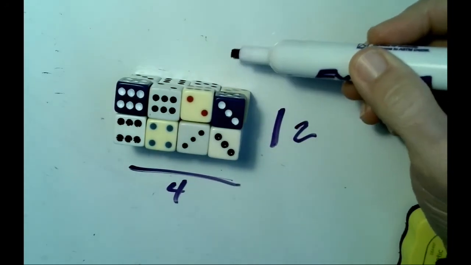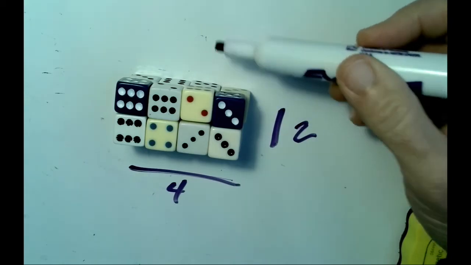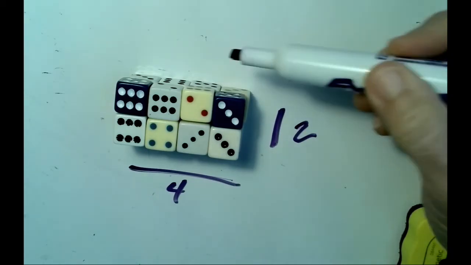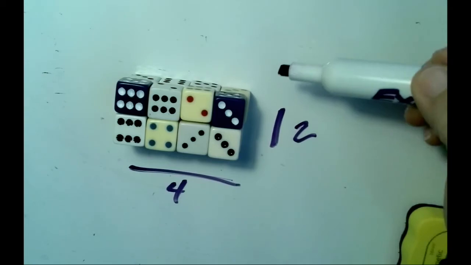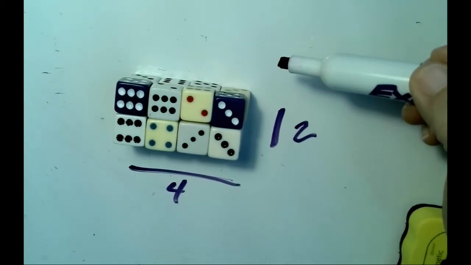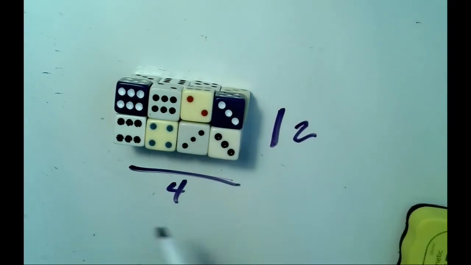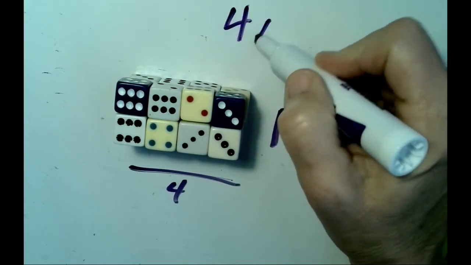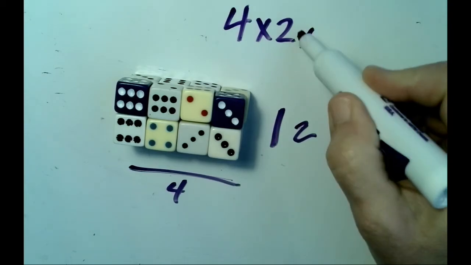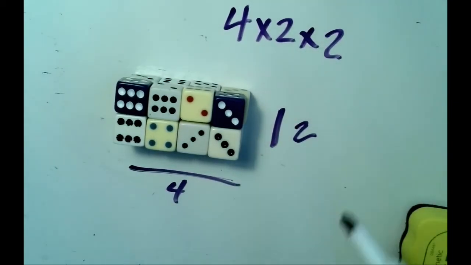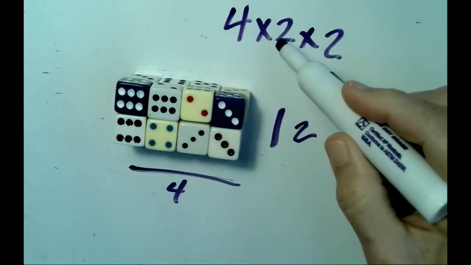So we have 2 like layers of cubes that fit on top of each other. So we would probably call that the height of this arrangement. And so now we have a 4 by 2 by 2 arrangement. And if you multiply 4 times 2 times 2, you get 16.